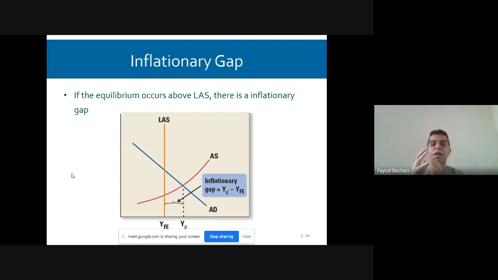That is the inflationary gap relative to the long-term aggregate supply. There is a shift happening. Sometimes there is inflation in one country, and a neighboring country will shift its products there because the prices are getting really high. That is in the short term, but in the long run, the long run aggregate supply will be adjusted.